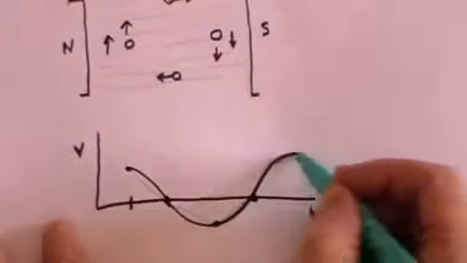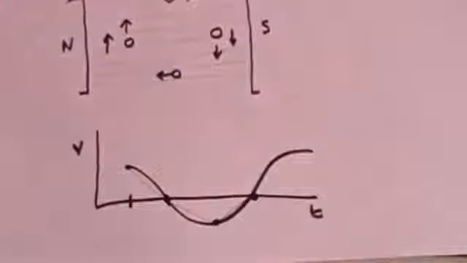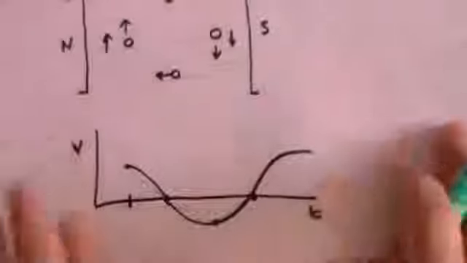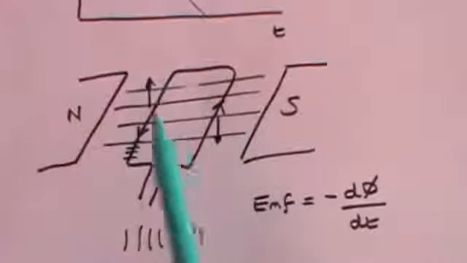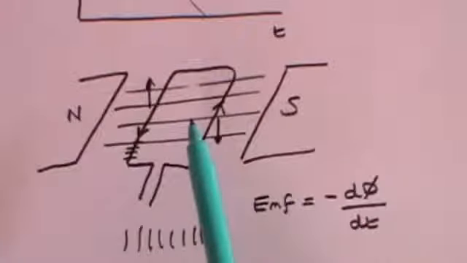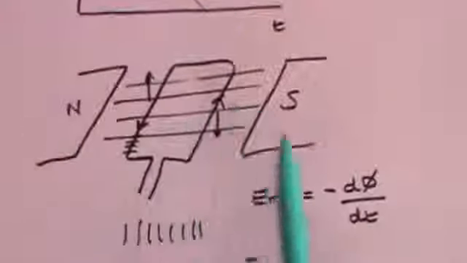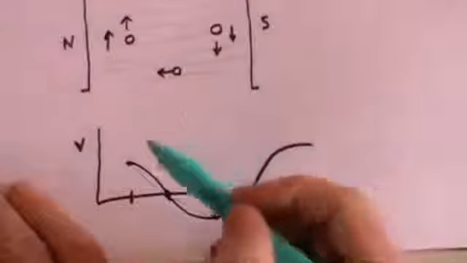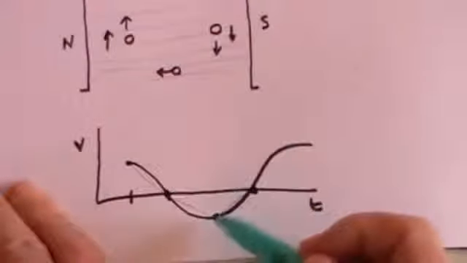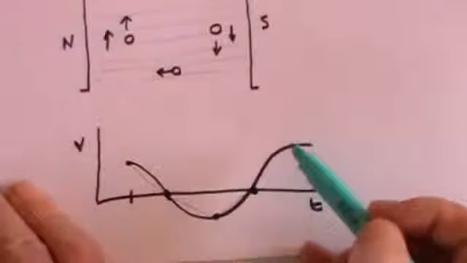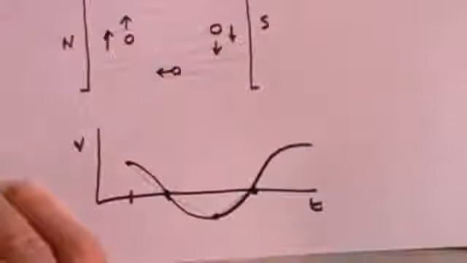It's a sine wave. And so consequently, as the wire turns in the magnetic field, it is constantly changing the voltage and the associated current. It starts at a peak voltage, it drops to zero. It goes to the negative peak voltage, it drops to zero. It goes to the positive peak voltage, and so on.